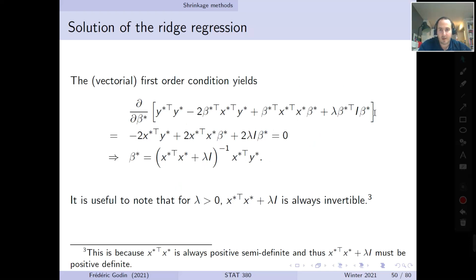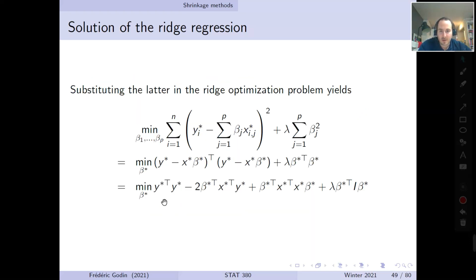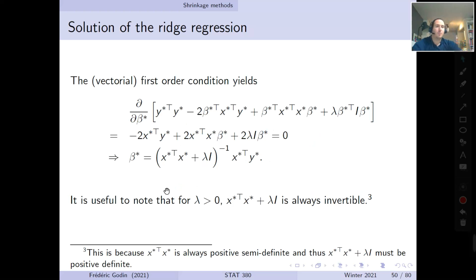And here, to minimize this expression with respect to beta star, we once again have to find first order conditions. To speed up computations, we'll find the first order conditions in a vectorial manner. So we'll differentiate with respect to beta star, which means we'll differentiate with respect to each element of the vector beta star.